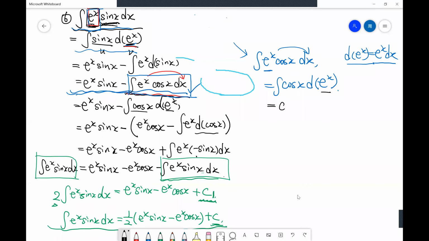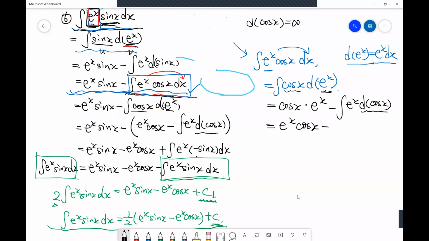That means cos x times e^x minus, we change the places here, e^x d cos x, right? And this part the same, e^x cos x minus the integral of e^x d cos x, and d cos x equals (cos x)' dx, that equals minus sin x dx here, right?